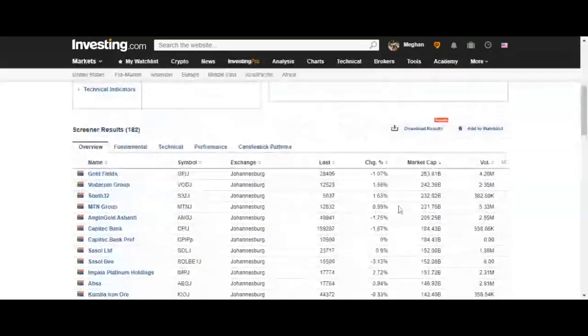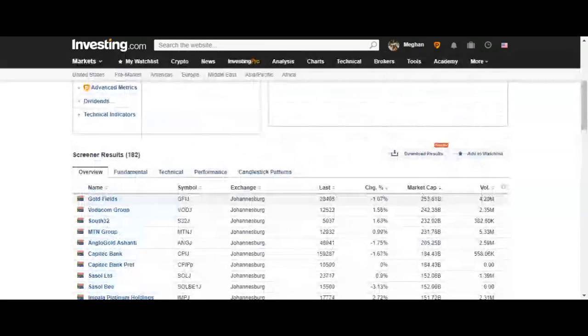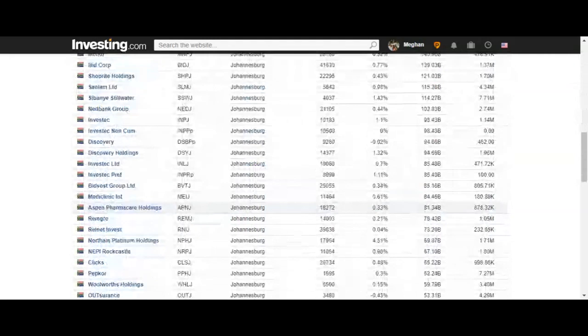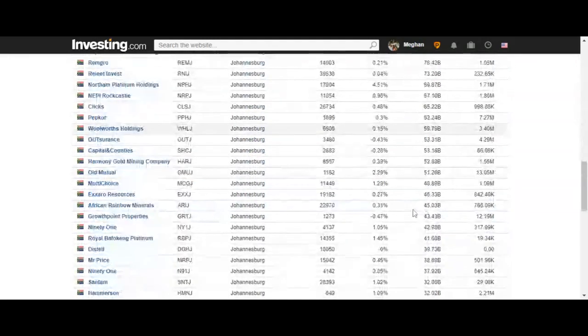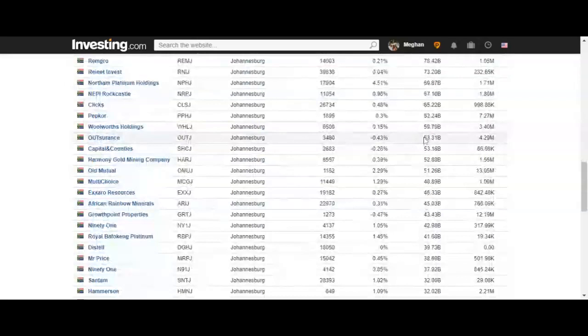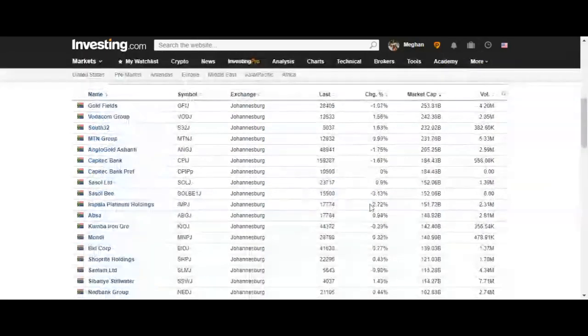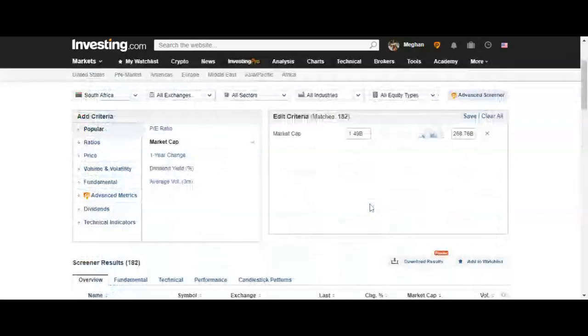How large exactly? Well, this one's 253 billion rand. This one's Aspen Pharmacare, 81 billion rand. Outsurance, 53 billion rand. And so on and so on. You can see if you only got 1% of this, you'd never work again.